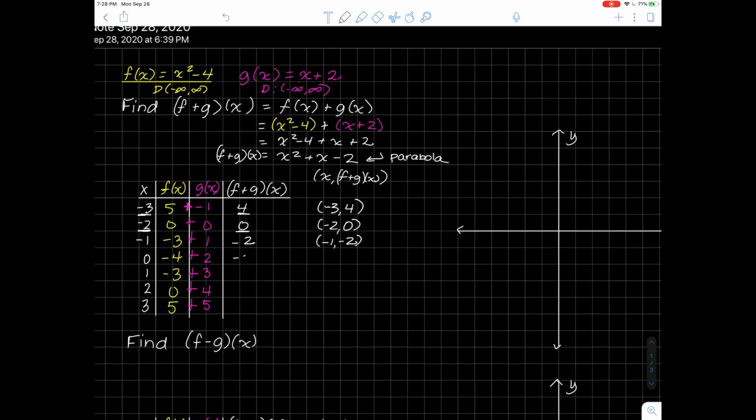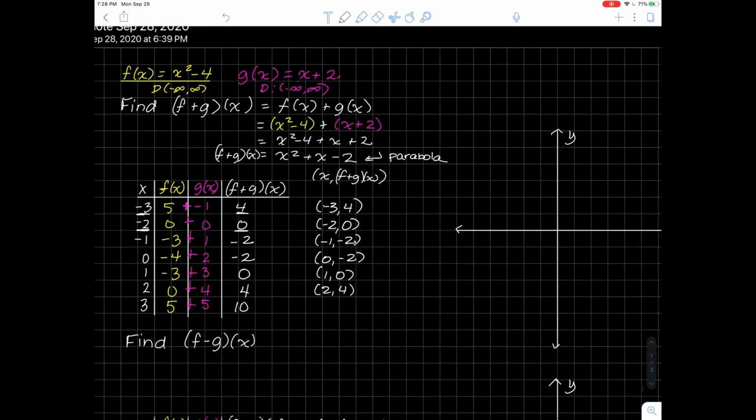-4 plus 2 is -2. And so that would be the point 0, -2. -3 plus 3 is 0. So that would be the point 1, 0. And then 0 plus 4 is 4, so 2, 4. And 3, let's see, 5 plus 5 is 10. And so the resulting point there is 3, 10.